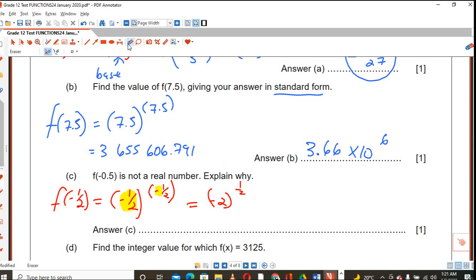Let's just go over that again. The base is now negative 2 raised to the power, but now my half is positive. Anything raised to the power of 1/2 is the same as taking the square root, and the square root of a negative number does not exist.